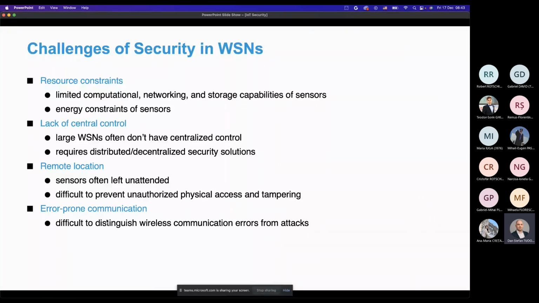Because of their large scale, their resource constraints and network dynamics, the fact that the topology might change, you might not have a way to centralize the control of your system. So security solutions are often decentralized or distributed across multiple network nodes.